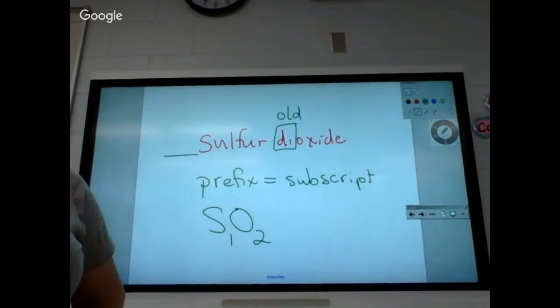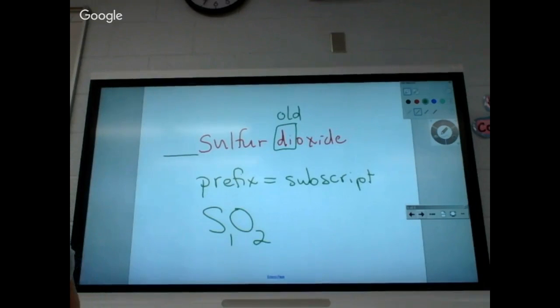Anything else on the 1 through 10? All right, the bottom half. Number 11, magnesium phosphate. Number 12, ammonium sulfate. Number 13, carbon 4 iodide or carbon tetraiodide.